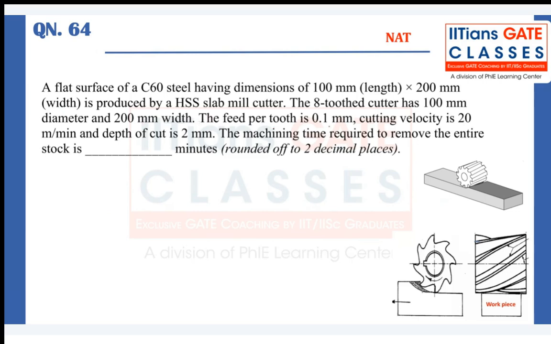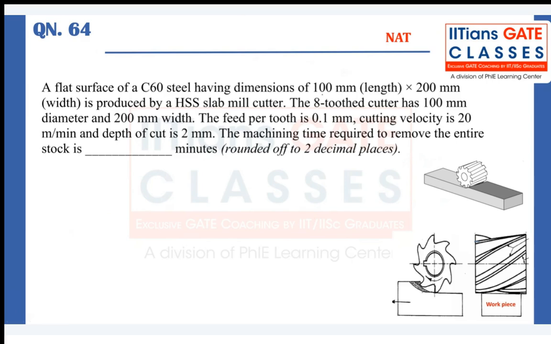The feed per tooth is 0.1 mm. The cutting velocity is 20 meters per minute and the depth of cut is 2 mm. The machining time required to remove the entire stock is to be found. Now let us highlight the data that we have.